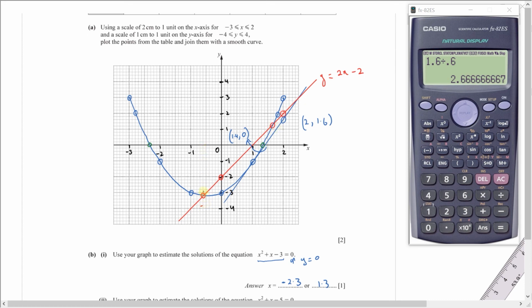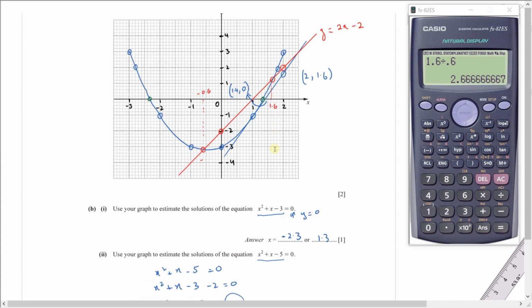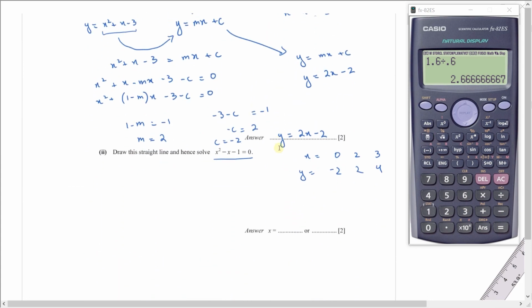So your x value here is negative 0.6, and your x value here is almost positive 1.6. So your solution here will be negative 0.6 and positive 1.6.